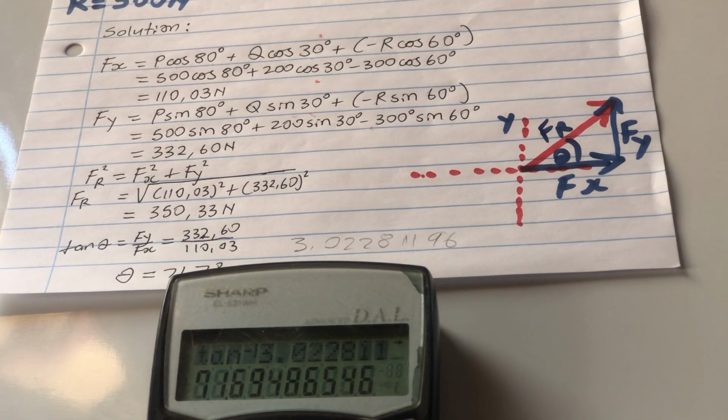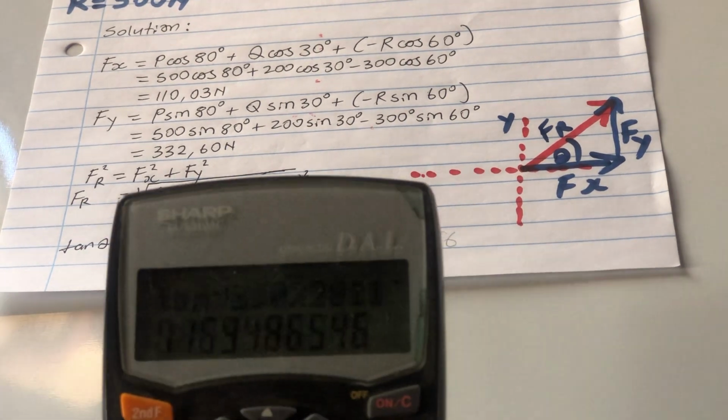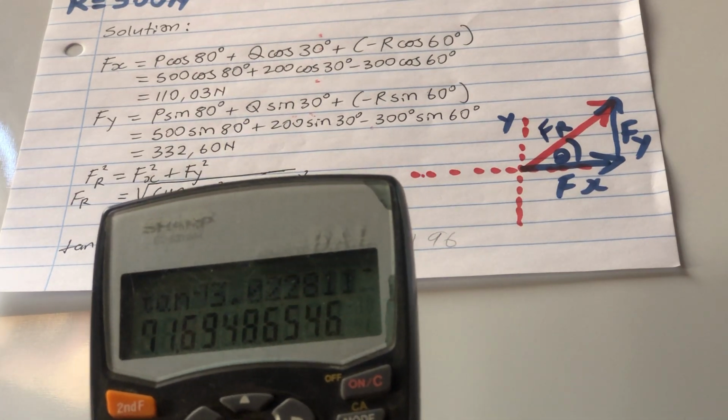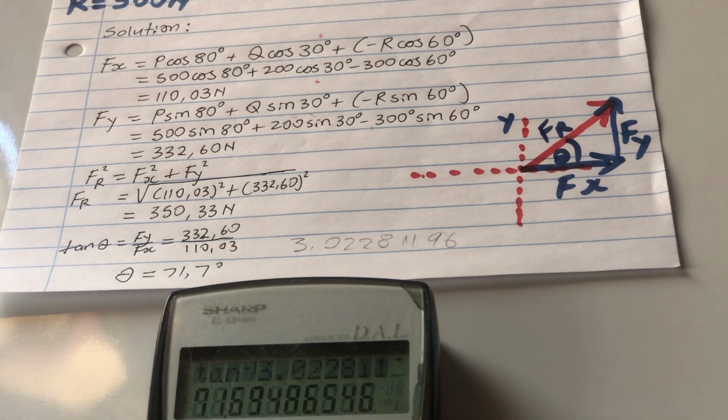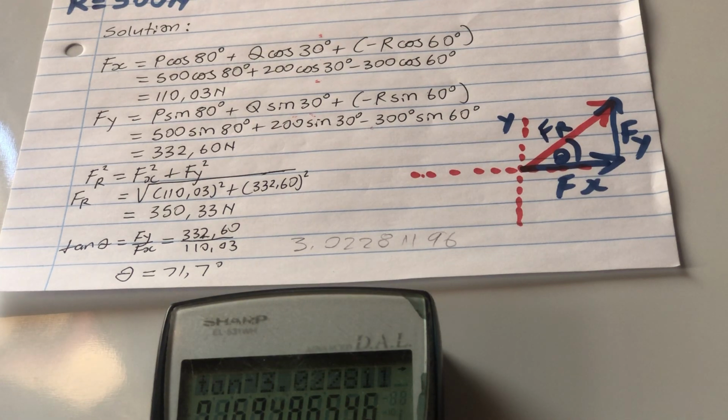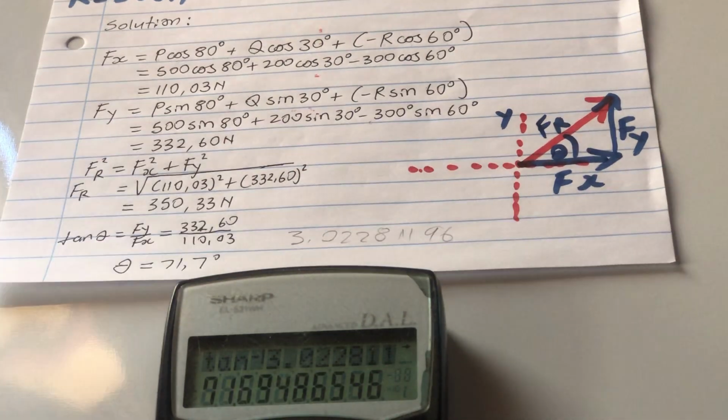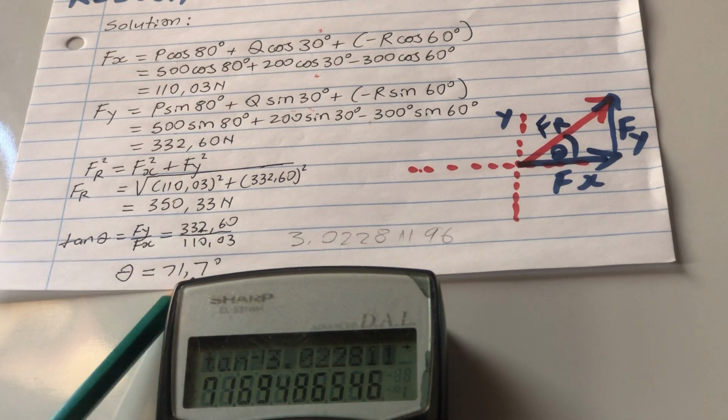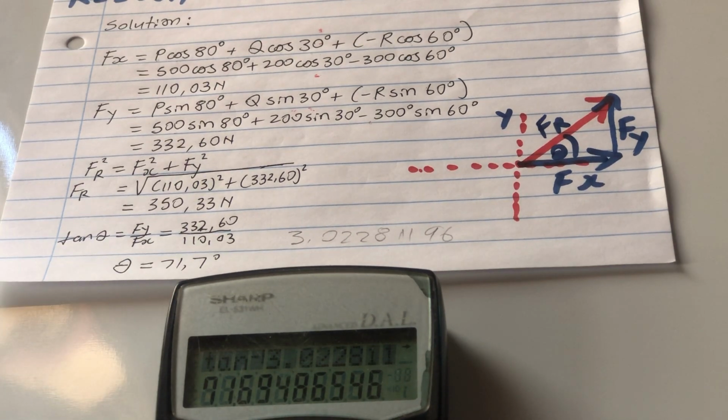You see, we get 71.69486546. You can see that here I've written my answer as 71.7 degrees because I just took one number after the comma. So it is advisable not to do shortcuts when doing calculations like this. So do this by yourself and see if you can get it right.